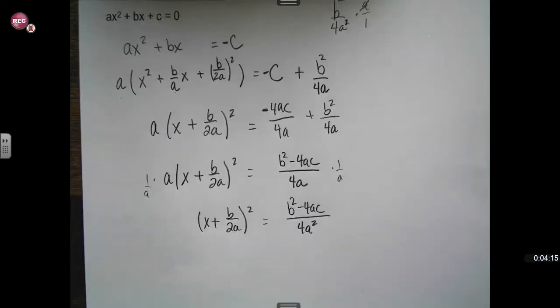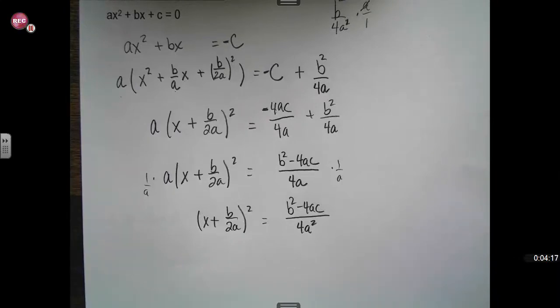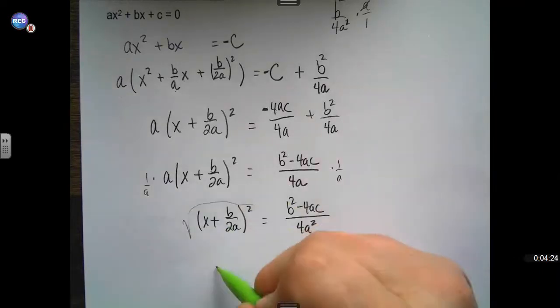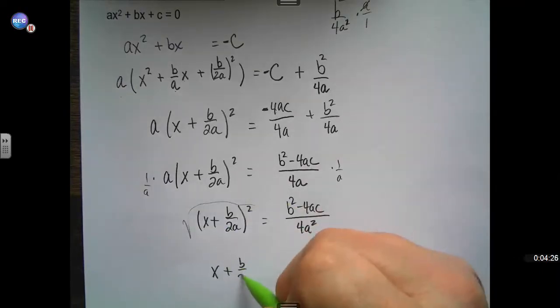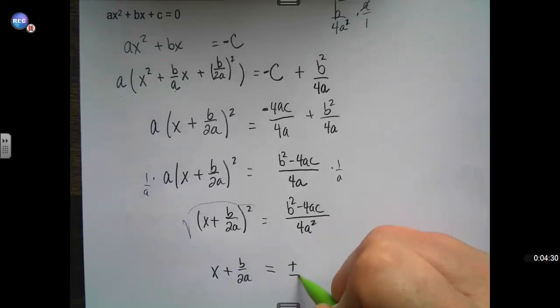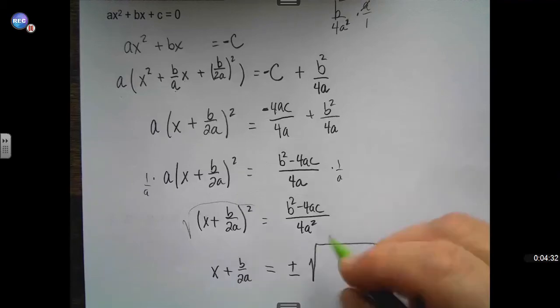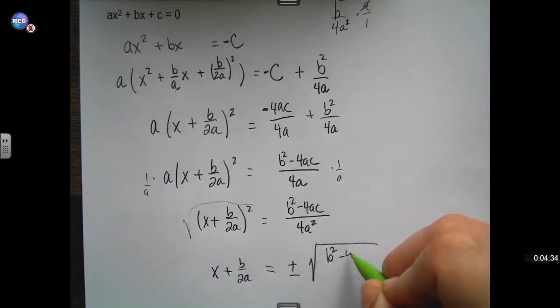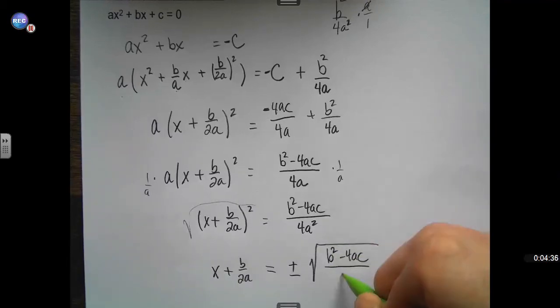So now you might recognize that I need to take the square root of both sides. When I do that, I get x plus b over 2a equals plus or minus the square root of b squared minus 4ac all over 4a squared.